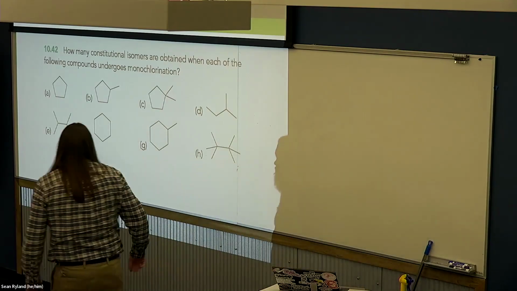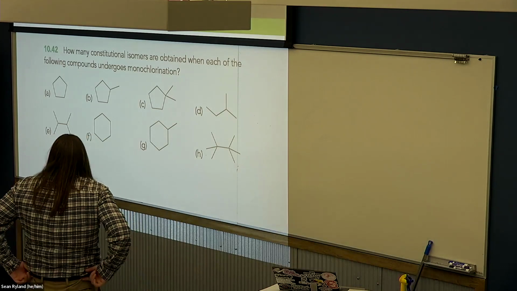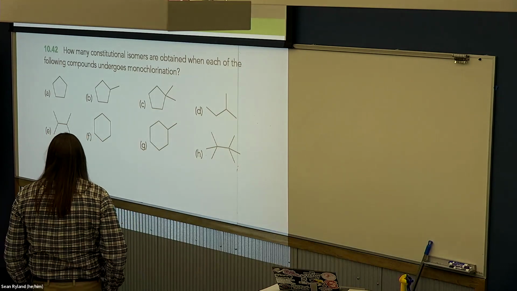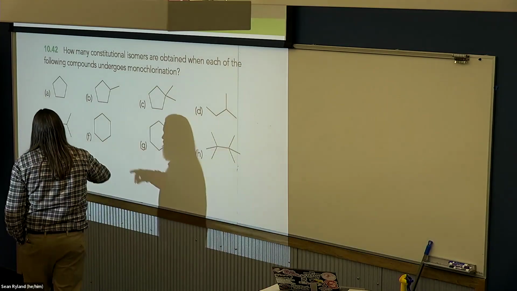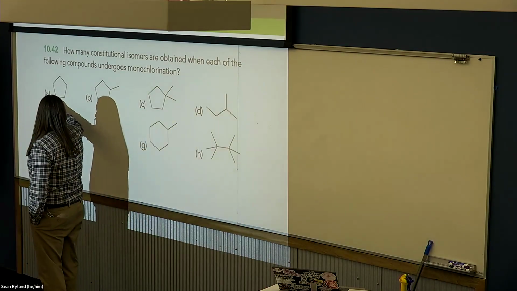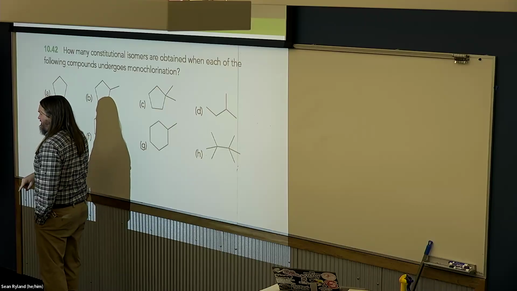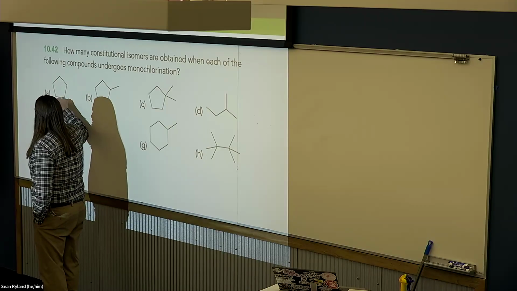For A, you get the point coming out of the board or into the board, but that's the same stereoisomer because both directions run around the ring.